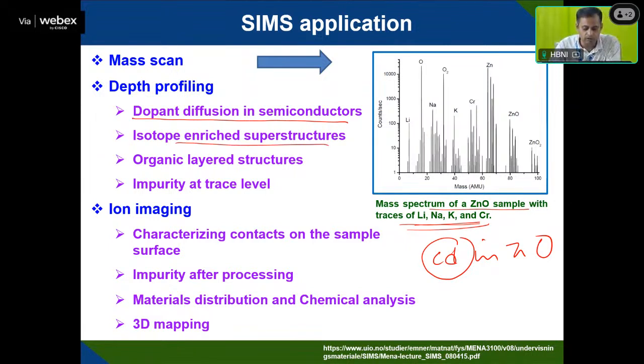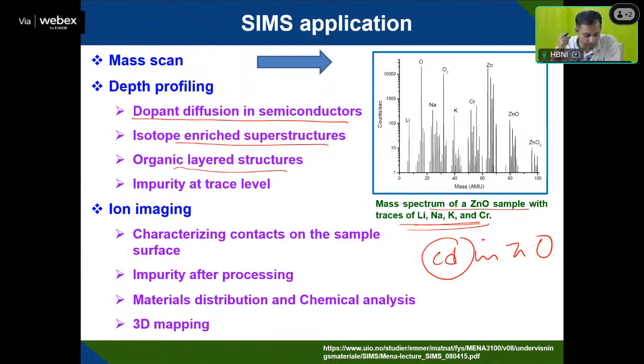Isotopic enriched superstructures, isotopic labeling, differentiation can be done. Organic layer structures you can also analyze, and impurity stress levels are possible. There is also ion imaging: in addition to spectra or depth analysis, whatever ions are produced, you can image those ions and measure the content of the sample.